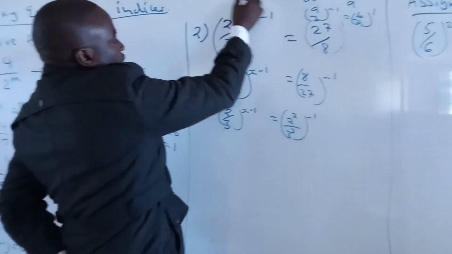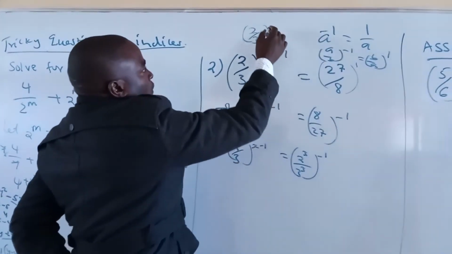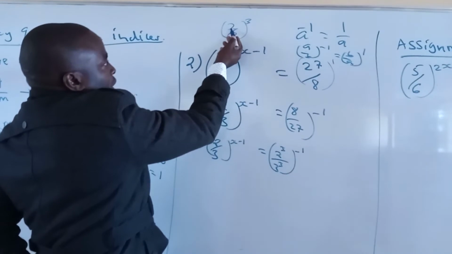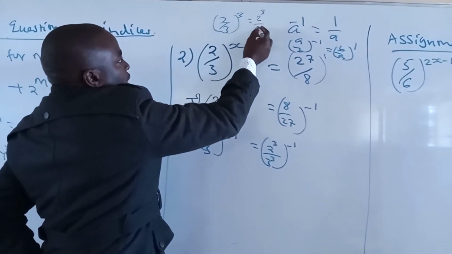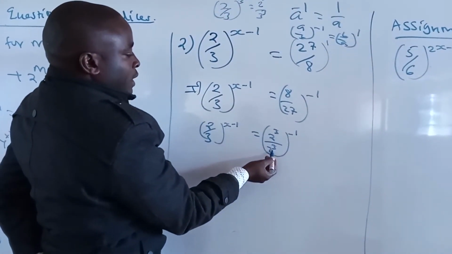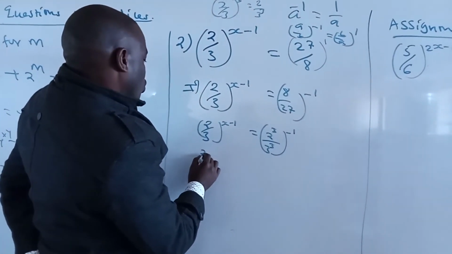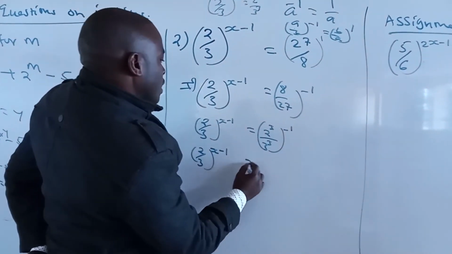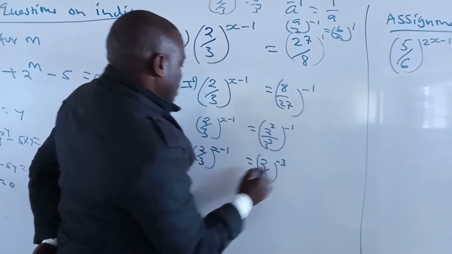Remember, when you talk about 2 all over 3 power 3, because you multiply the power in both numerator and denominator, it's the same as 2 power 3 all over 3 power 3. So you realize that this one can be 2 all over 3 power 3, but multiplied by the negative 3 gives you 2 all over 3 power x minus 1 equals to 2 all over 3 power negative 3.